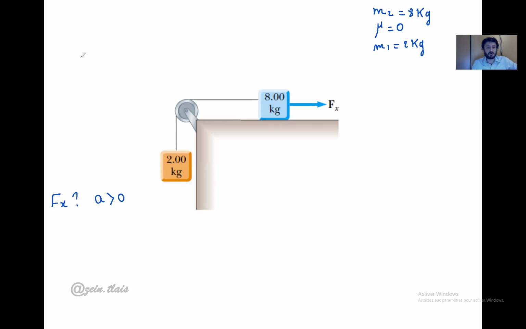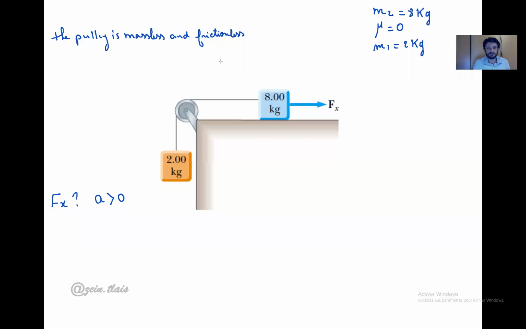We can say, first of all, that the pulley is massless and frictionless. It means the axis of the pulley doesn't do any friction, and the pulley is without mass. In this case, the tension on the left and the right of the pulley is the same.